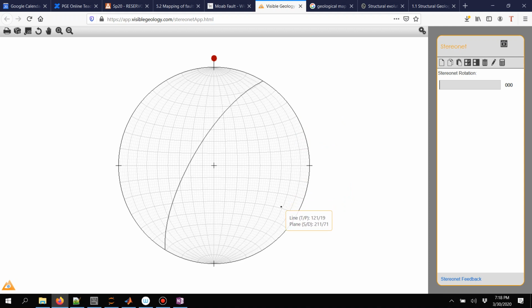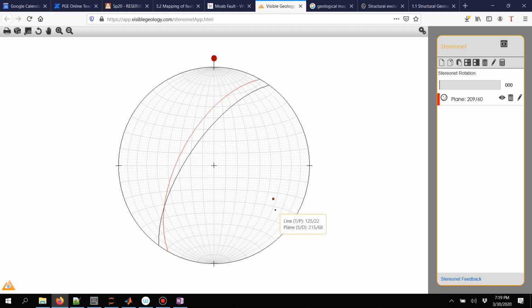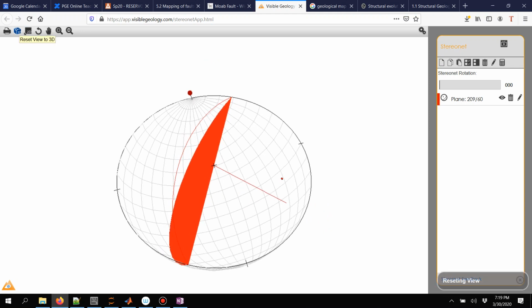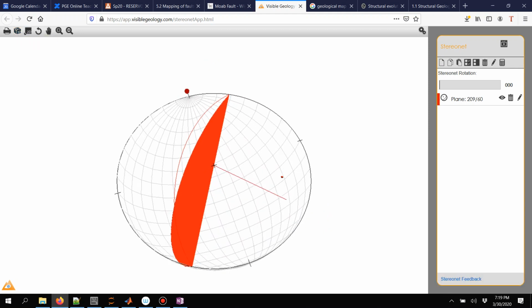And if you notice, when I move the dot, on the second row, it says S and D, that's strike and dip. So I'm going to get a little bit closer to here. Yeah, that's a plane. So right now I'm looking at the top view of this lower hemisphere projection. Let me make it 3D. And this is what we see.